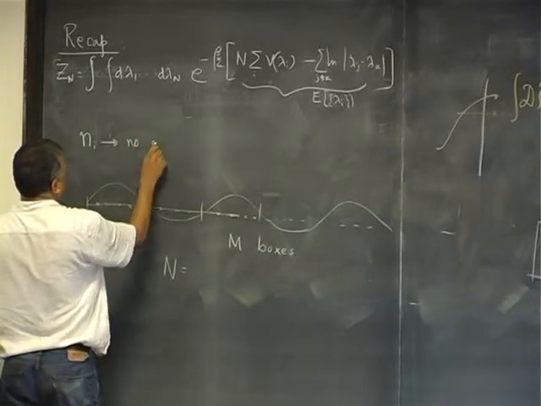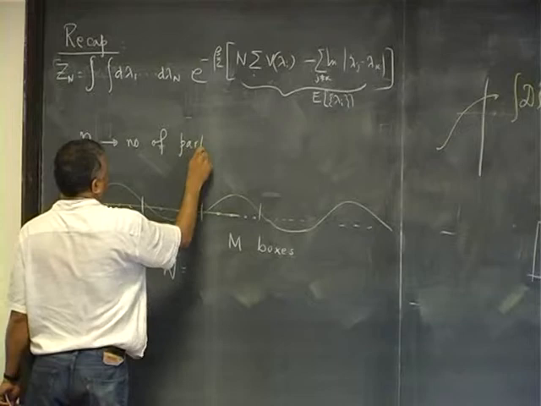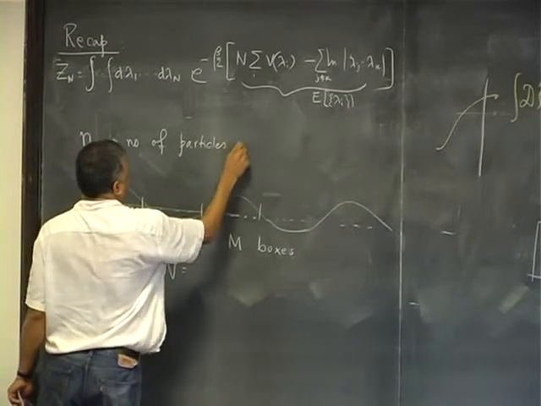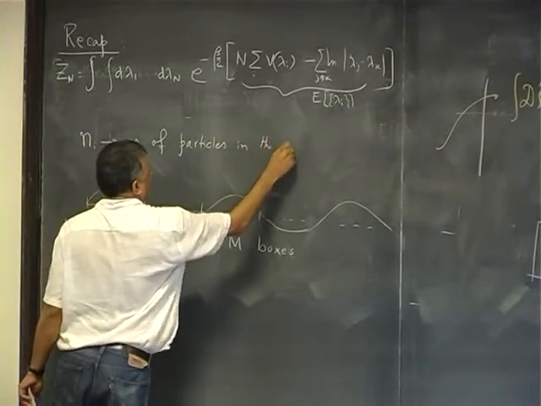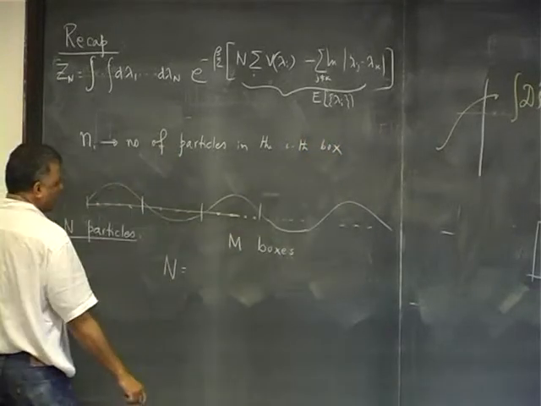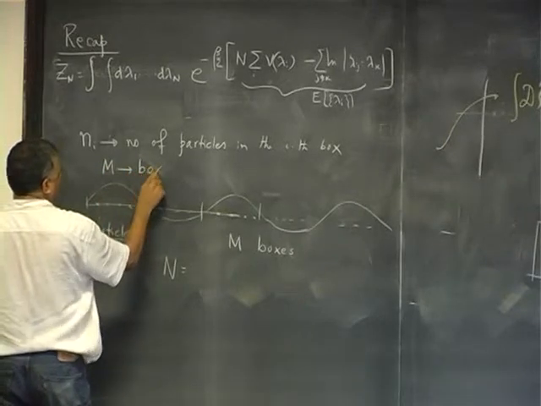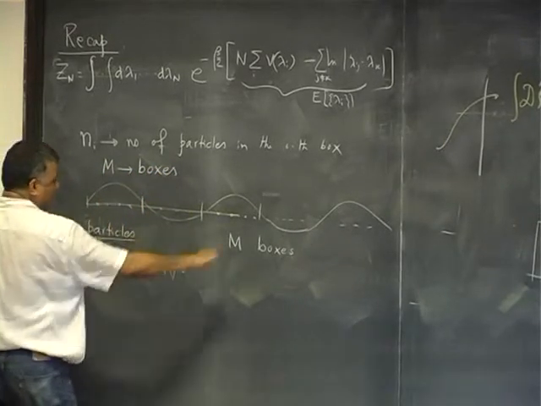So if Ni is the number of particles, think of again boxes and balls, okay? The number of balls, the number of particles in the ith box. So I have m boxes. I put my balls in these boxes.